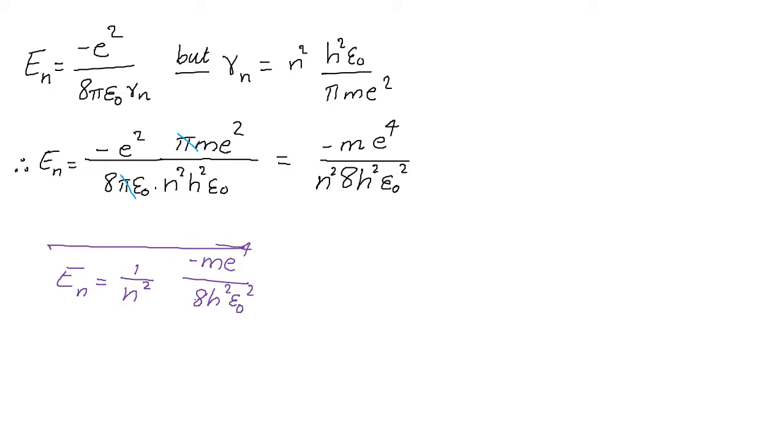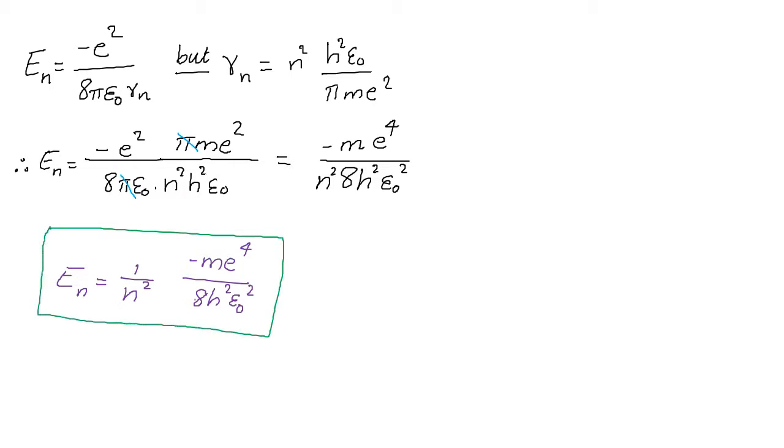So this is our formula. You can see that the energy is inversely proportional to n square numerically, and please note that it is negative. That means as n increases, it becomes less negative. That means energy increases.